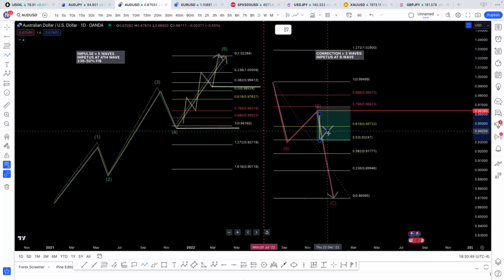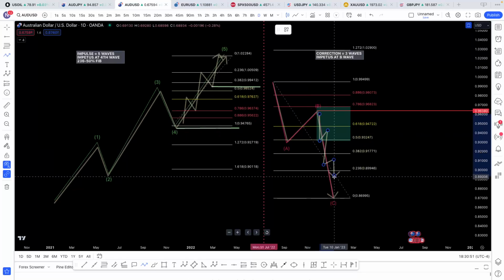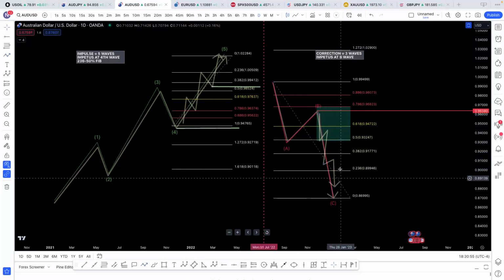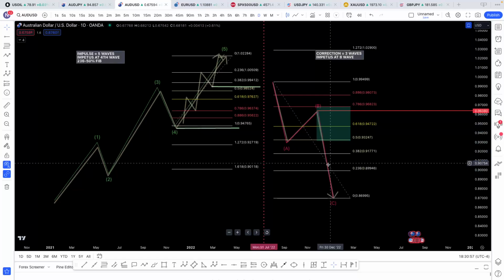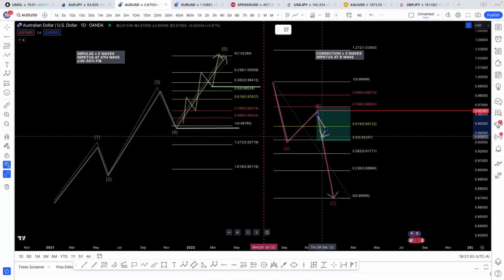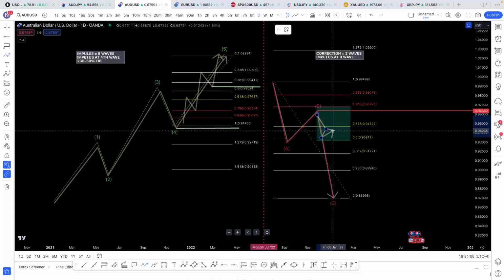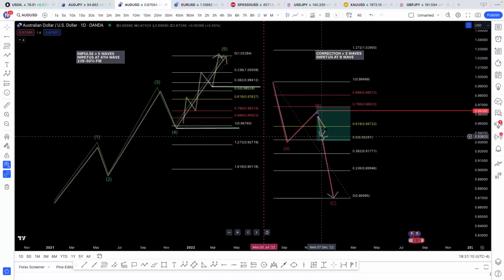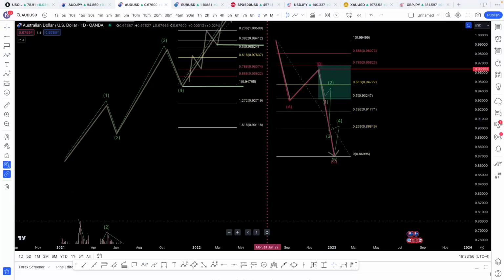Oops, I did that the wrong way. Why am I doing this wrong? Oh my goodness gracious. Okay, stop. Okay, so I struggled putting my 5 waves on there.